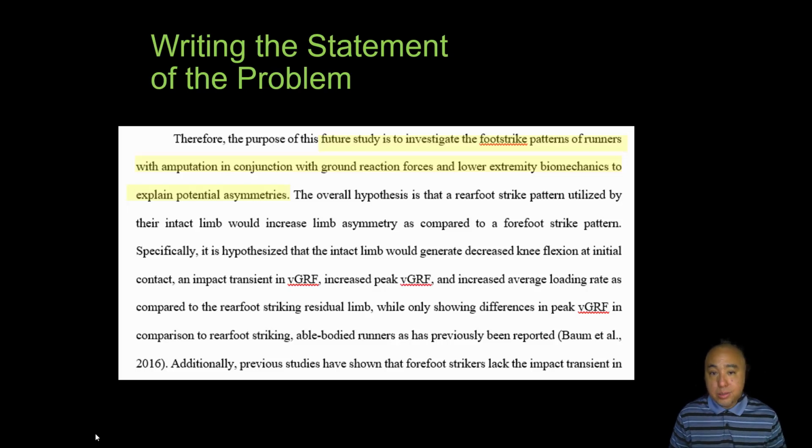Its detail is also somewhat broad because we don't know exactly what lower extremity biomechanics is, and I explain it later when I talk about variables and what that means. But notice here is one statement of the research problem. She hopes to investigate the effects of foot strike patterns, more specifically rear foot versus forefoot, on, say, generally lower extremity biomechanics during running. Right?